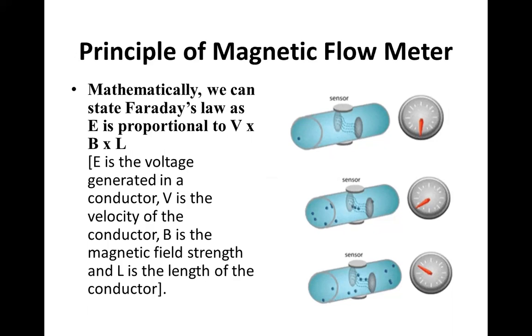The processed signal is fed into the microprocessor that calculates the volumetric flow of the liquid. According to the meter reading changes, you can see that the flow rate also changes.